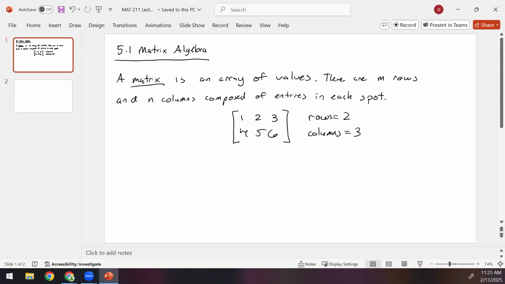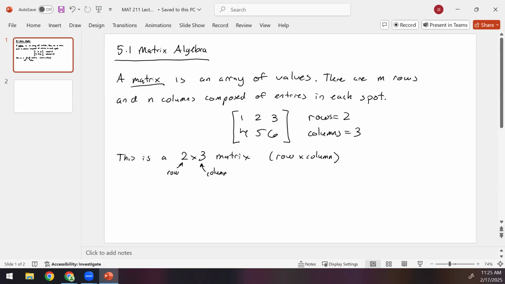And so how do we say this to anyone? We would say something like this is a 2 by 3 matrix, where the 2 represents how many rows and the 3 represents how many columns. So that's kind of the notation that we use, row by column.